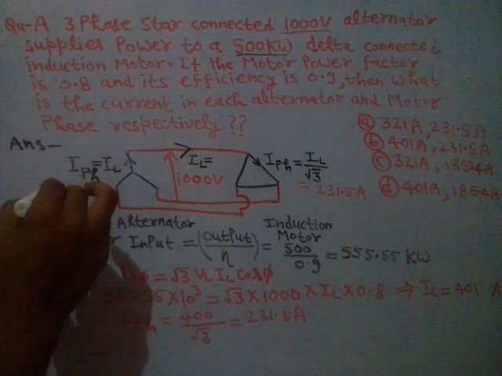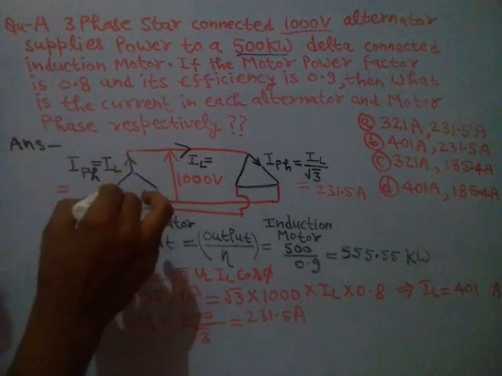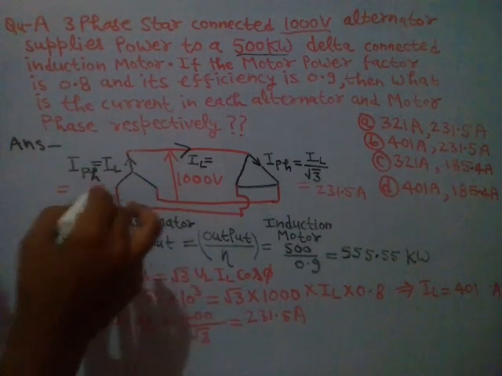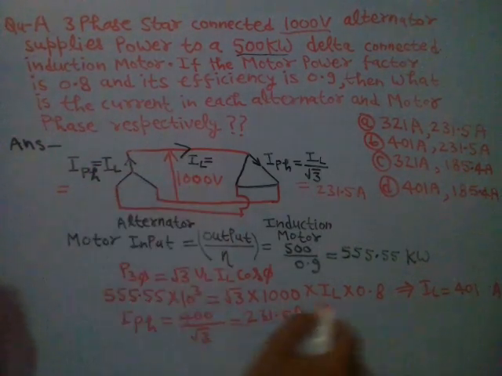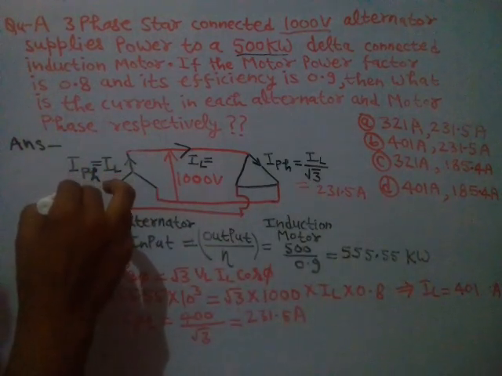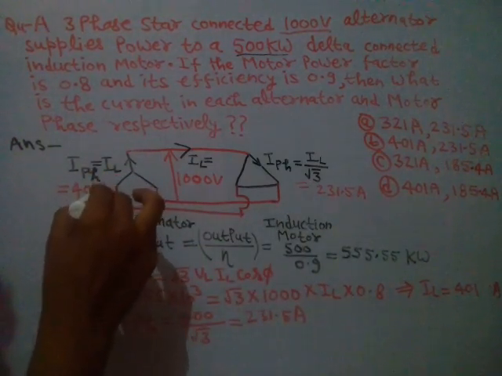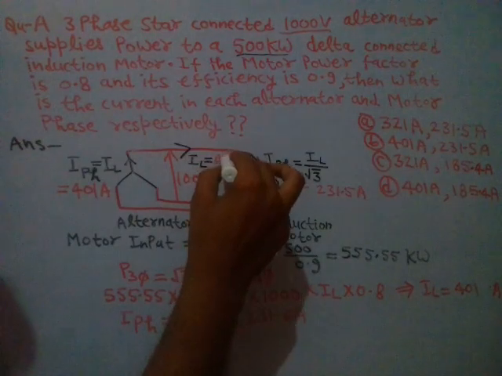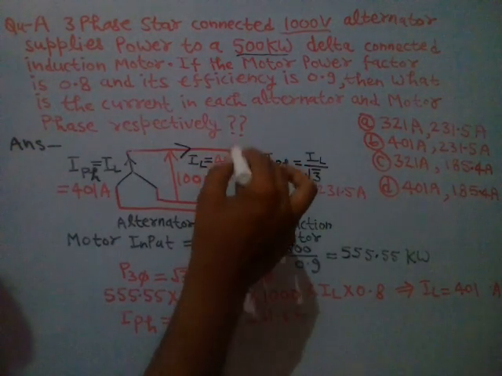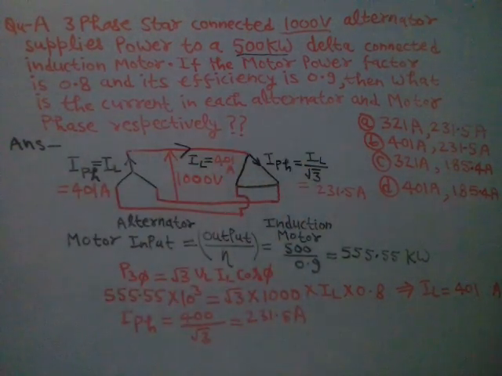Here the phase current will be equal to the line current because it is a star connection for the alternator. So this is equal to 401 ampere.